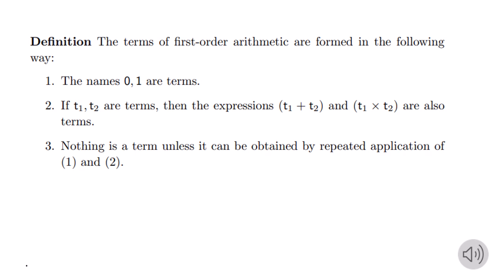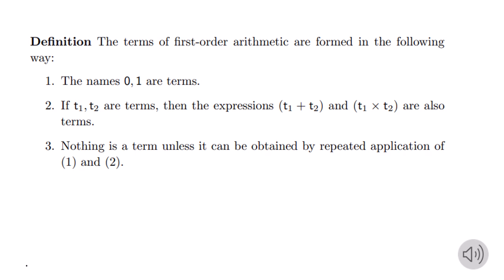And then the second rule is telling us that, okay, if you hand me two terms, and they could be very complicated expressions, say T1 and T2, well, I can put a parenthesis, the first term T1, an addition symbol, the second term T2, and then another parenthesis, and I obtain a new term. And I can do the same thing with the multiplication symbol as well, and I'll get a new complex term.